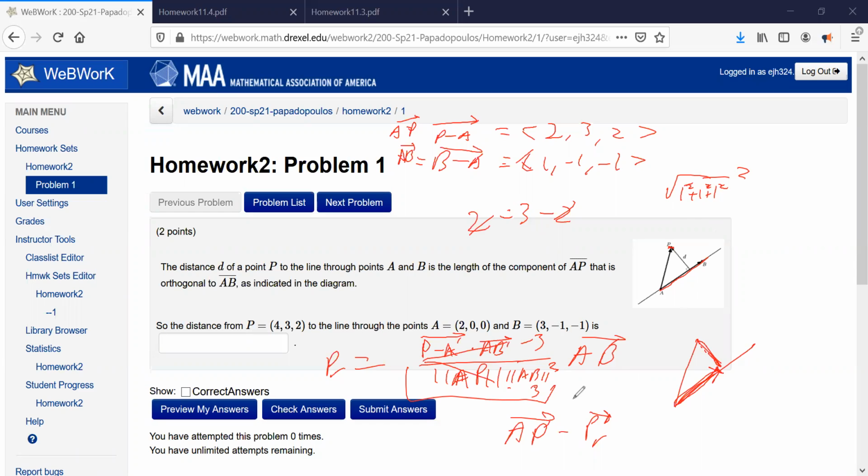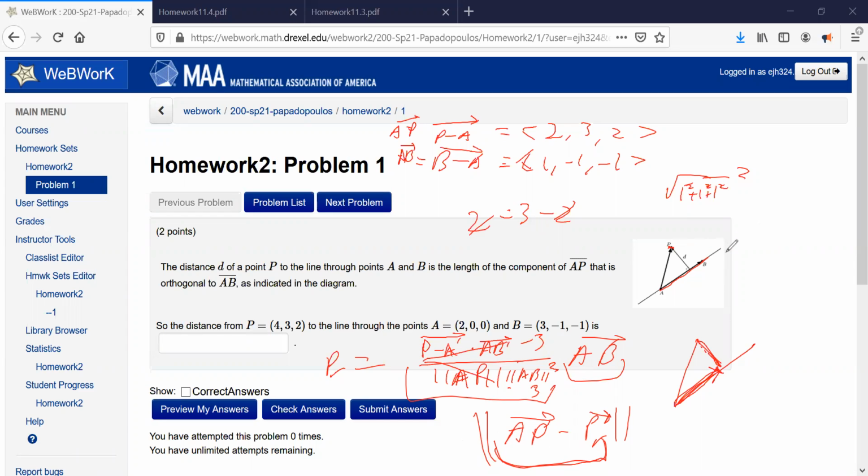So that gives us -3 divided by 3 times this vector right here, and that would tell us the projection. So the projection is just -1 of this, which means it's on the same line, just in the opposite direction. And then we would just do the subtraction here, and then we would find the norm, and that would give us our D.